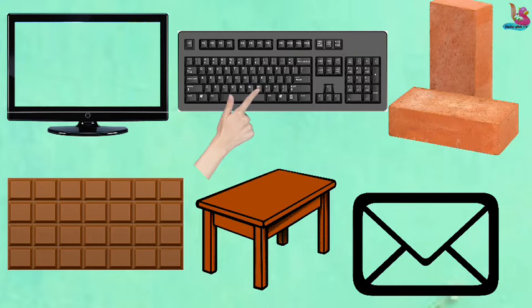Can you see that? Chocolate bar, table, envelope, and building block. Can you see that all of them have the shape of a rectangle?